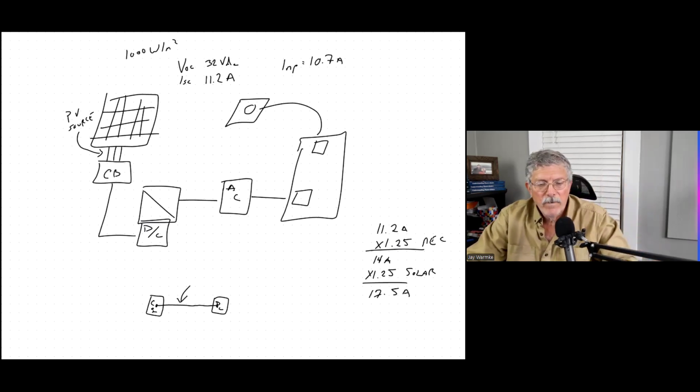So if I'm reading from the first chart or first column and I need 17.5 amps, the smallest wire I can use is 12 gauge, right? Because 12 gauge wire, when I'm reading from the 60 degree column, is rated for 20 amps. So I would use 12 gauge wire.